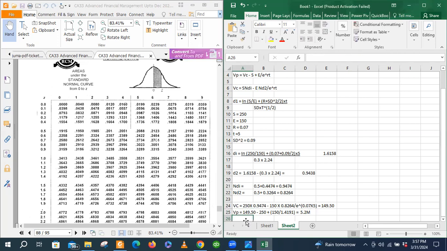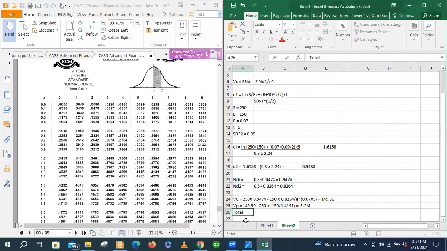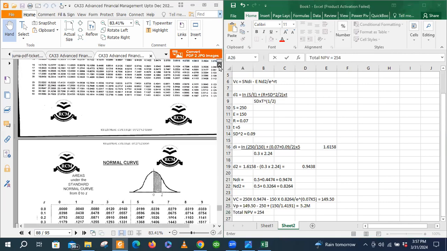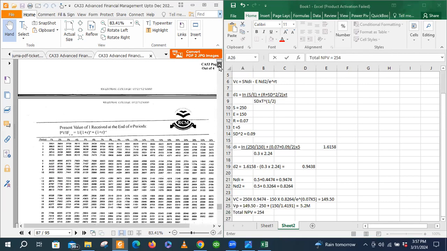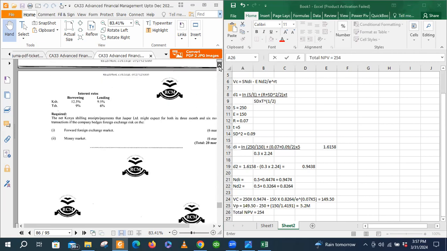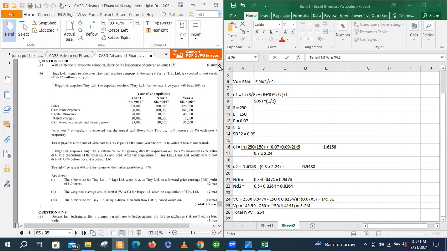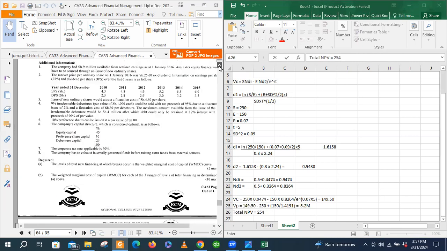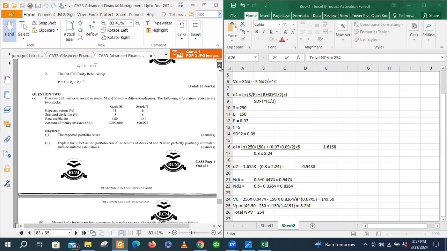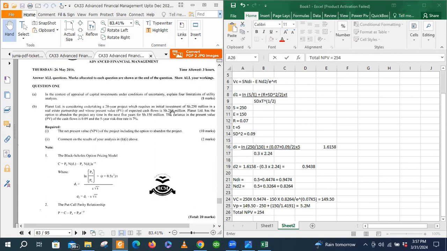So therefore, total NPV equals present value of cash inflows. Was it 254? The present value of cash inflows of that question? It was 254, right? And the initial outlay was 250.